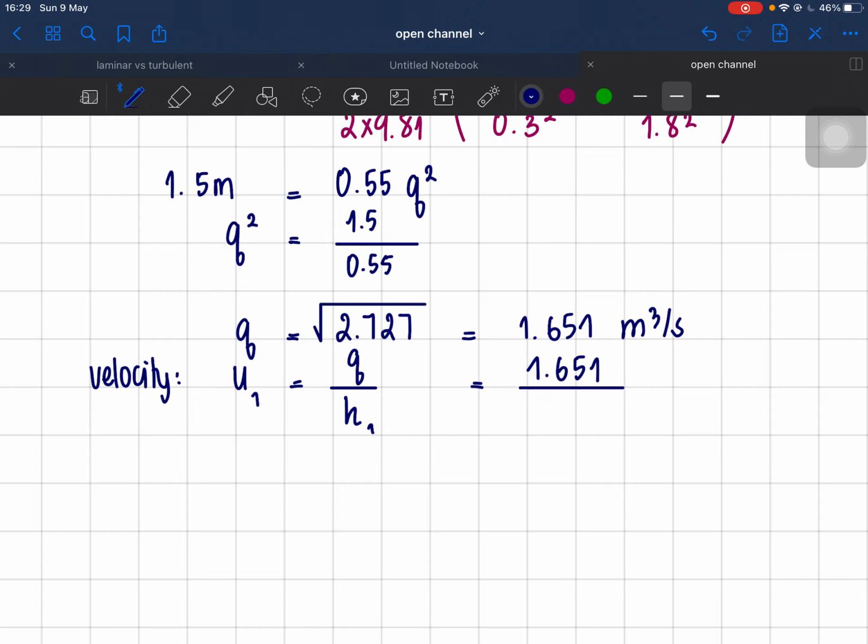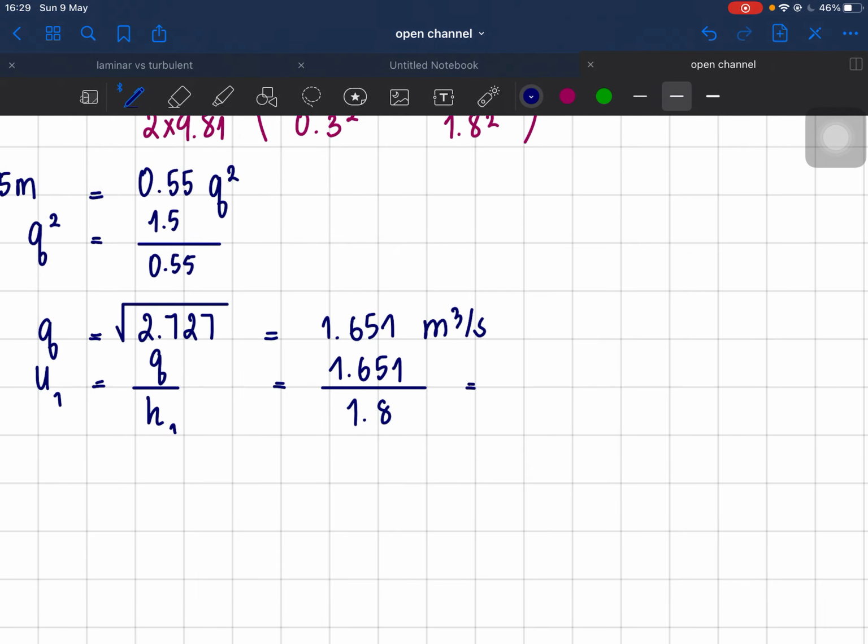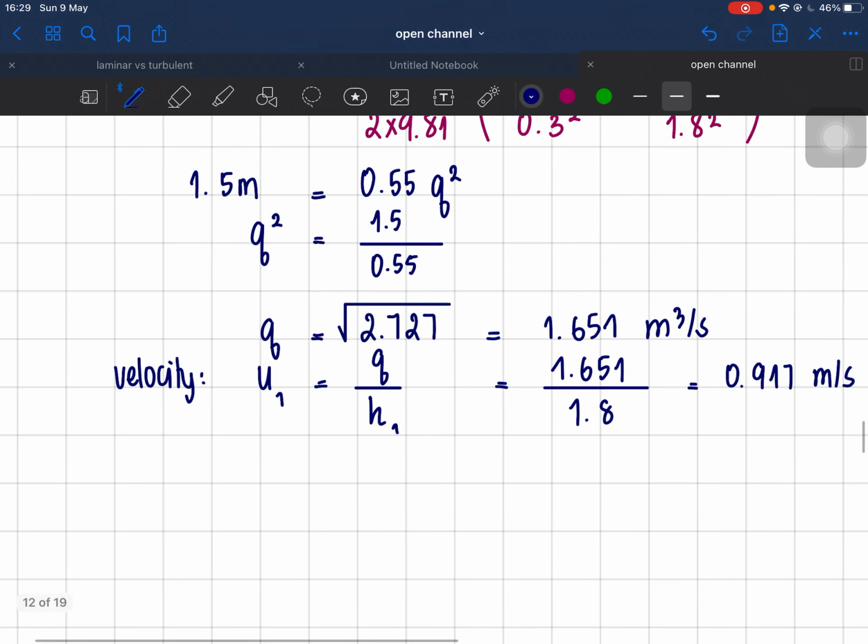H1 is 1.8. Answer is 0.917 meter per second.